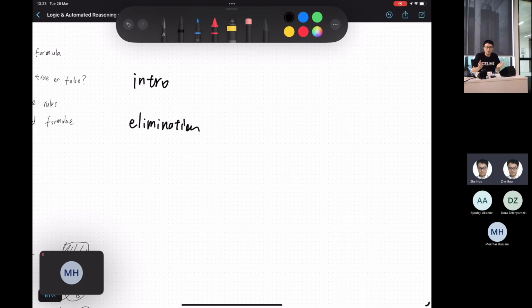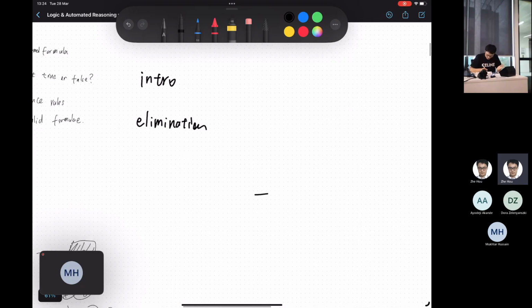We go from the simplest case, which are the logical constants. So truth. The introduction rule for truth is called T-I: T on top means truth, and I means introduction for that concept.